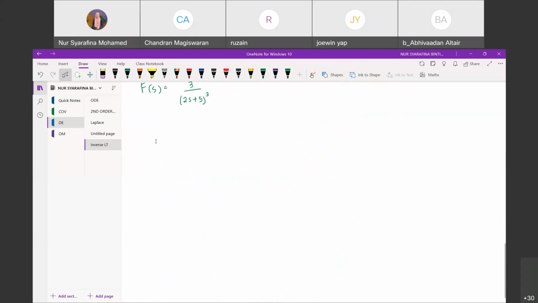So first you have to modify and map this to F(s minus a), where you know the inverse transform of F(s minus a) equals e to the power of at times f(t). So what you should have is your a and your f(t). You modify this in terms of F(s minus a). The numerator is 3, and this one is 2s plus 5, cubed.